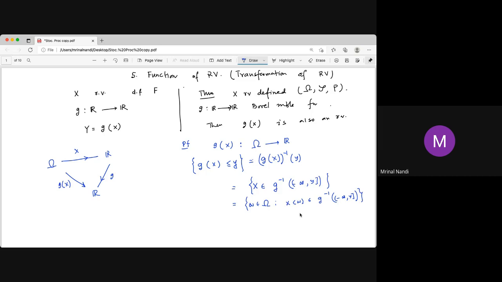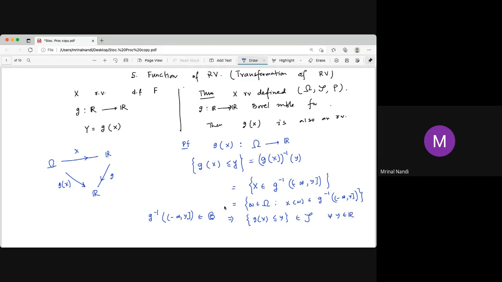Now is this set in S? Since g is Borel measurable, g inverse of that set is a Borel set, because this interval is a Borel set. So this belongs to the Borel sigma algebra, and since X is a random variable, this implies this set is in S for all y belonging to the real numbers.